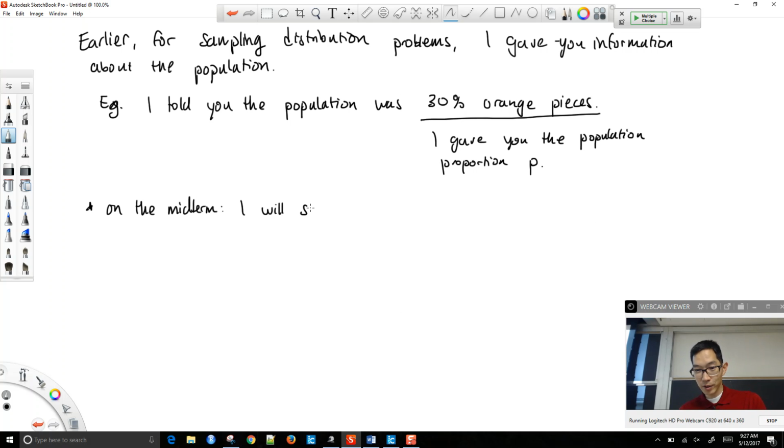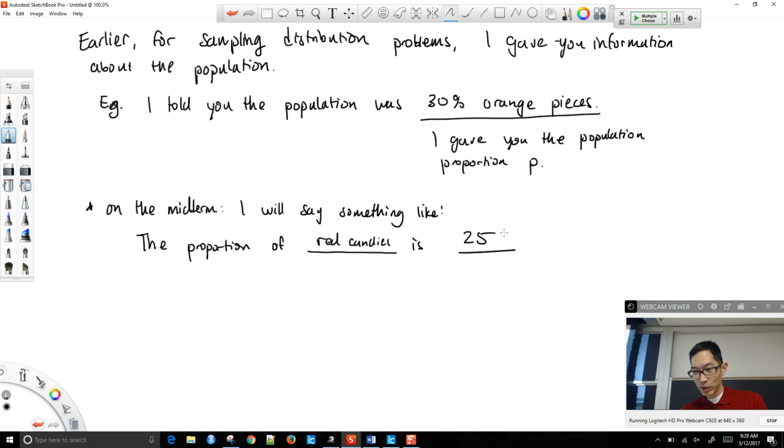I will say something like, the proportion of red candies is 25% or something, okay?